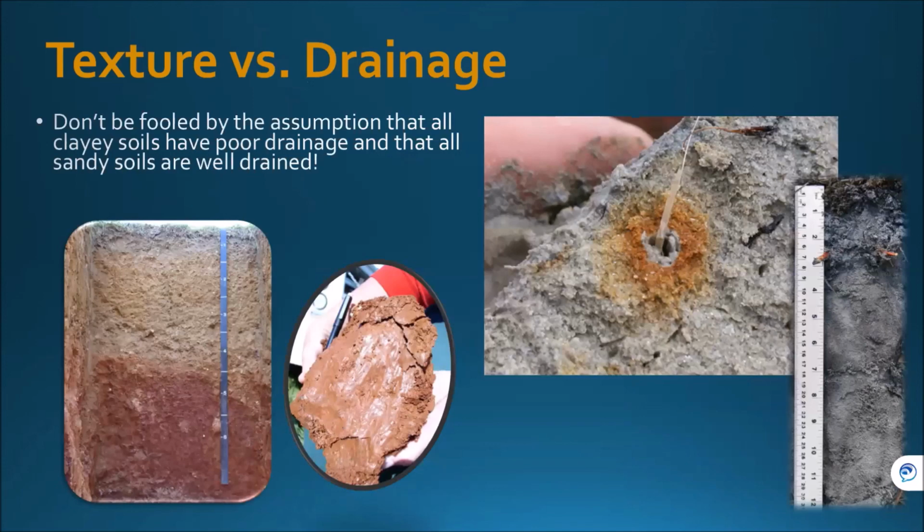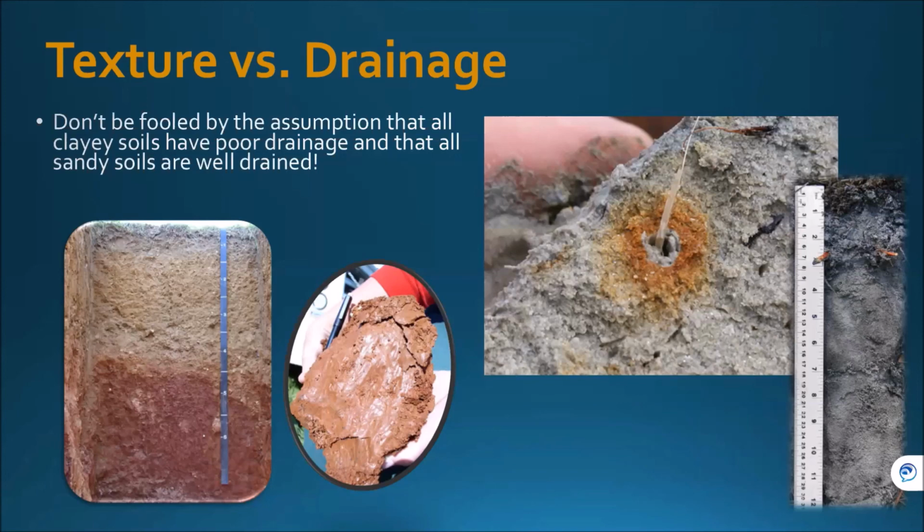This is one I threw in this morning because I get this question a lot. The main thing is texture versus drainage. People want to assume that all clayey soils are poorly drained and that all sandy soils are well drained, and that is not necessarily the case.